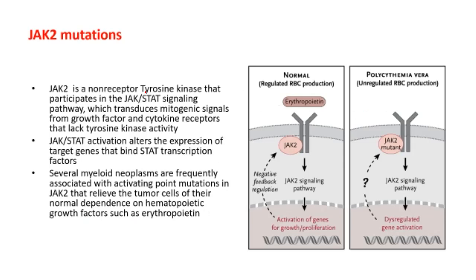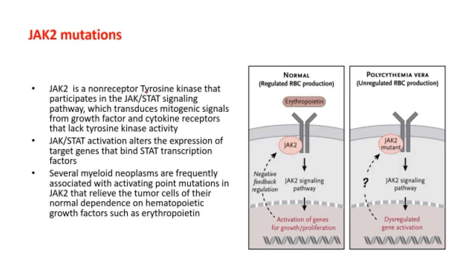Then we have JAK2 mutations. JAK2 is a non-receptor tyrosine kinase that participates in JAK-STAT signaling, usually responsible for platelet production and red blood cell production. In the normal JAK pathway, it is bound to the erythropoietin receptor, and it has negative feedback regulation.